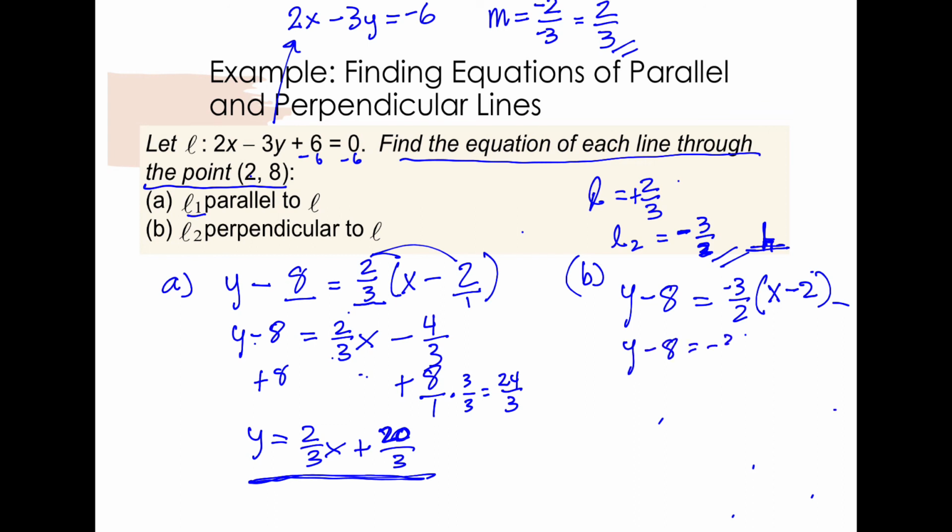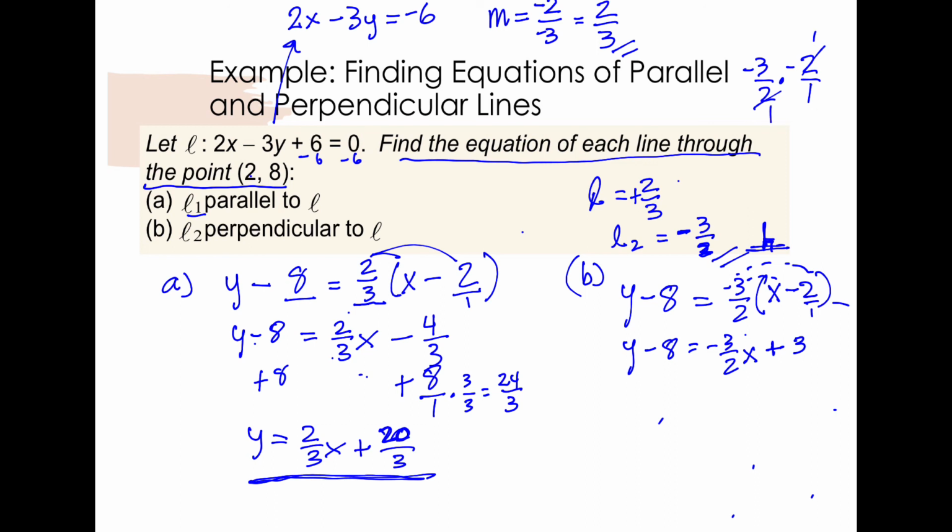This would be negative 3/2 x, and that's a negative times a -2, so that becomes plus. The 2's cancel out, so we're going to go with 3/1. We'll just write that out over here. Negative 3/2 times negative 2/1. We have the same number in opposite parts of the fraction. They cancel, and then that's a negative times a negative.